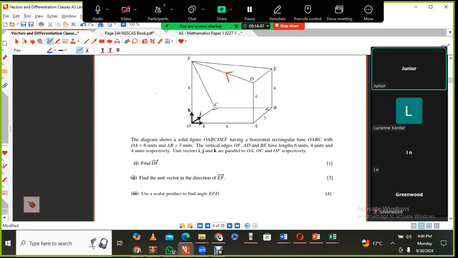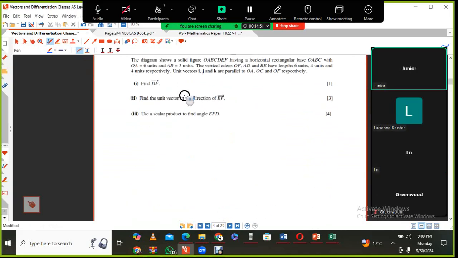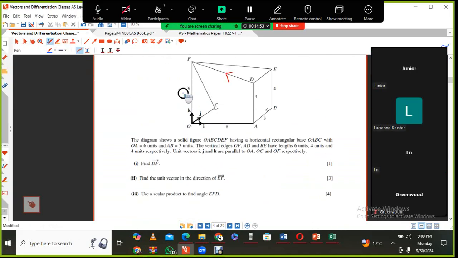This one is page 3. So to go from D to F, we're going to go DA, then AO, then OF. We together?